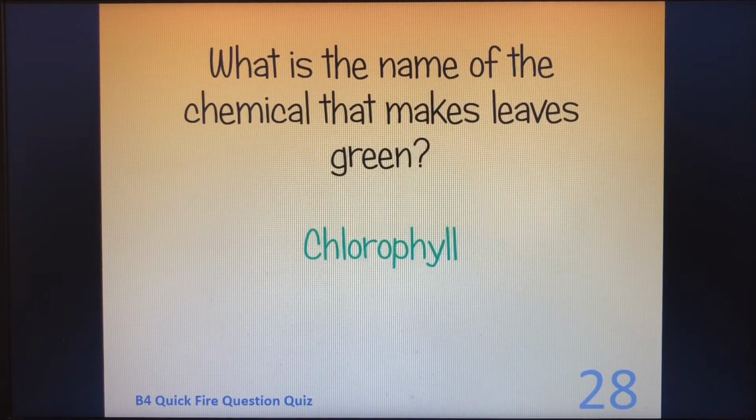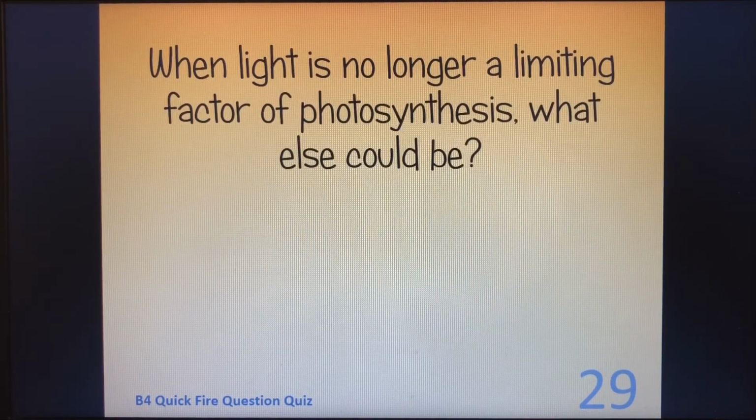Okay, question 29. When light is no longer a limiting factor of photosynthesis, what else could be? I.e., tell me some more limiting factors of photosynthesis.